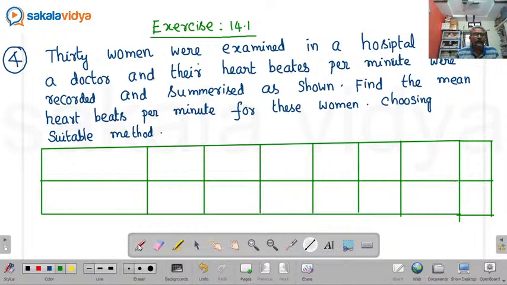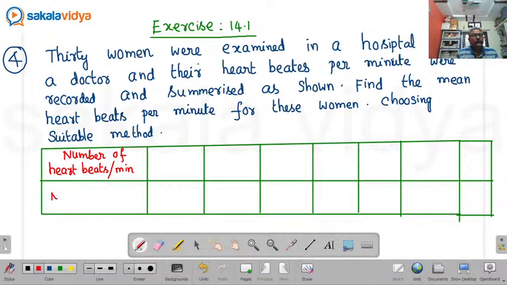Okay, so now let us fill. This is the number of heartbeats per minute.